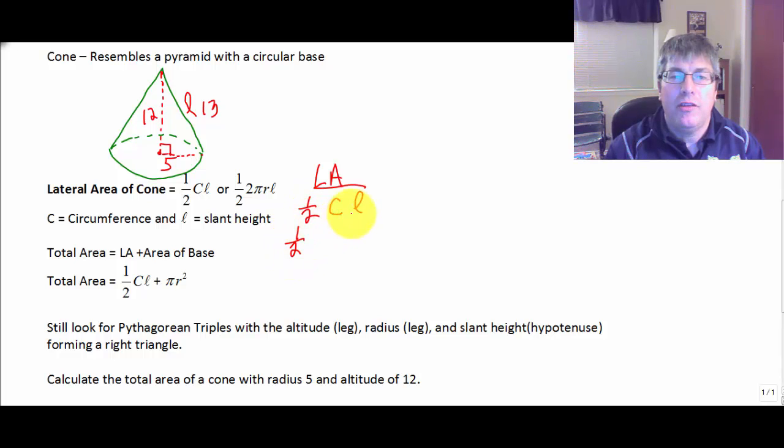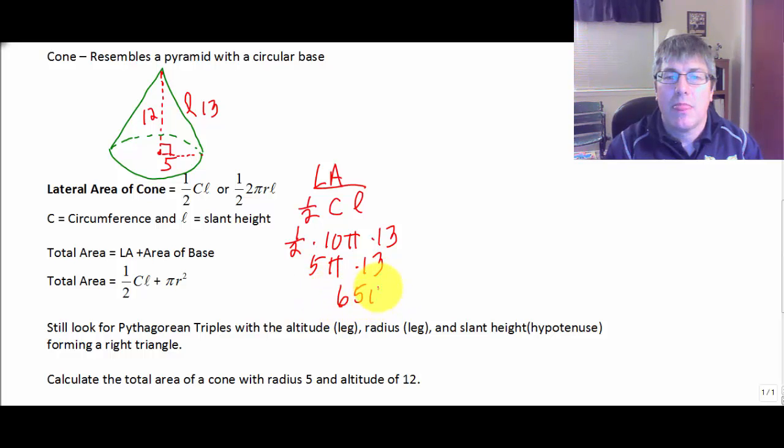With a radius of 5, I have a diameter of 10, so the circumference of my cone is going to be 10 pi, so 1/2 of 10 pi, times 13, my slant height. 1/2 of 10 is 5, so 5 pi times 13. 5 times 13 is 65, so I have a lateral area of 65 pi.